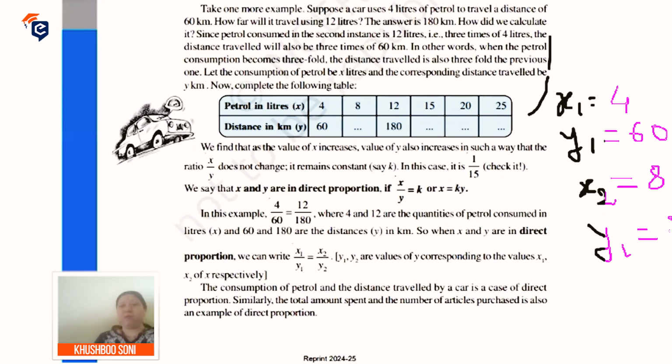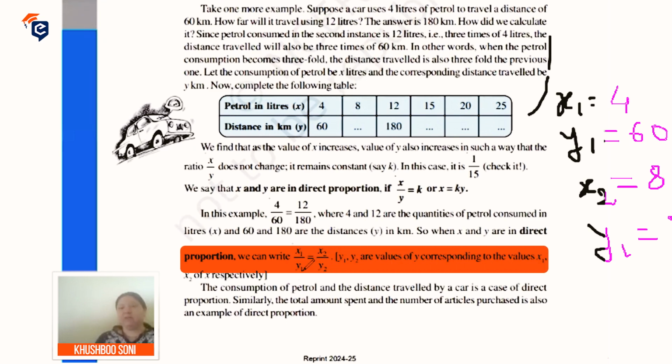You have to represent this as a ratio: x1 by y1 equals x2 by y2. So here we have 4 by 60 equals 8 by y2. Now we do the cross multiplication. It becomes 8 into 60 divided by 4.